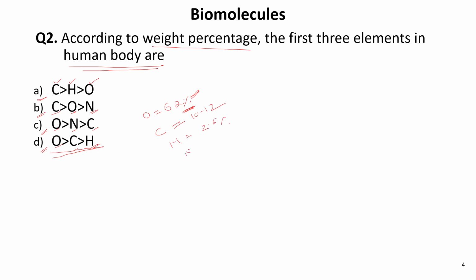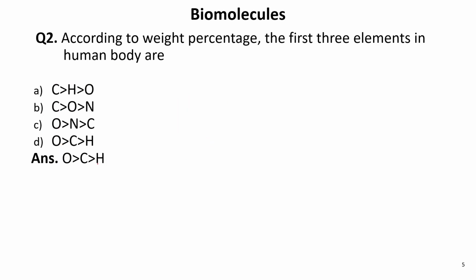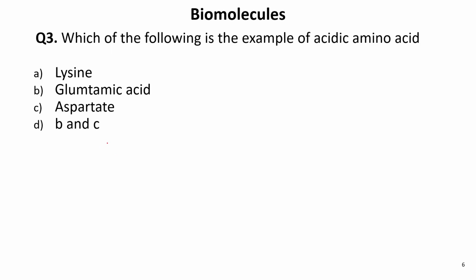And a very small amount of nitrogen is present. So the correct answer is oxygen is the major one, then comes the carbon, and then the least one is the hydrogen. This is according to the weight percentage, and this is the comparison of the three elements present in the human body.